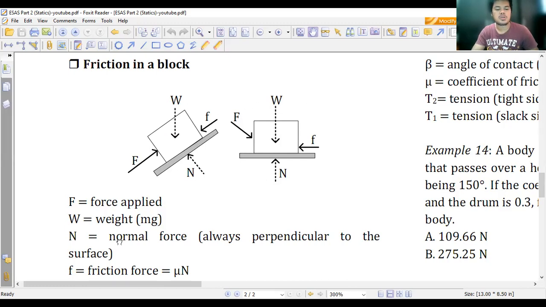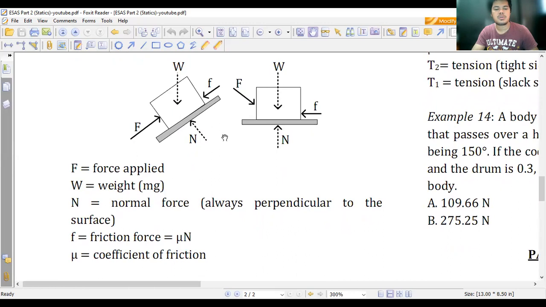But the normal force, take note, is always perpendicular to the surface. For example, if the object is placed in a horizontal manner like this one, the normal force will be pointing upward.